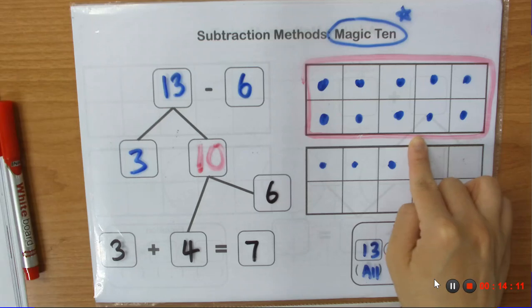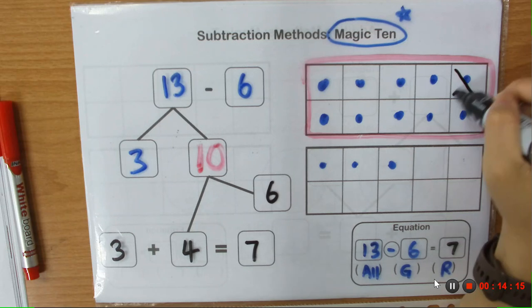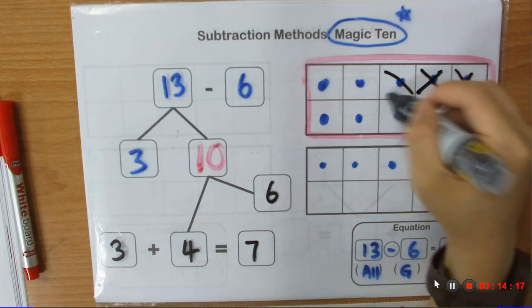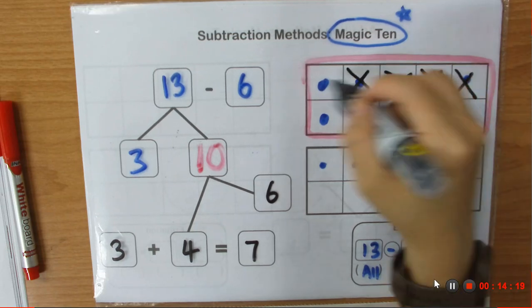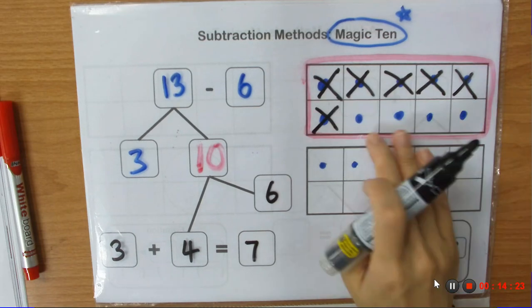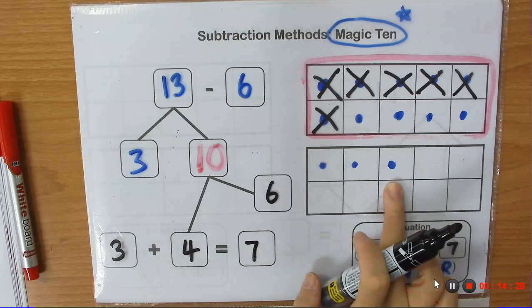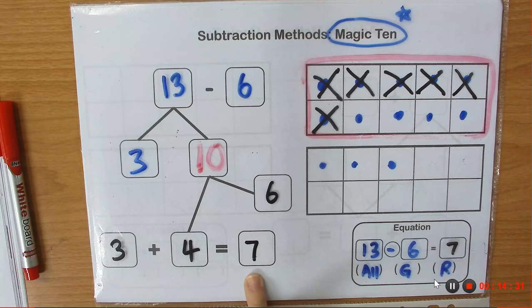Alright, you can subtract from me. I can cancel out 6 dots here, and I'm left with 4 dots. Putting together the ones, I get 7. So 13 minus 6 is equal to 7.